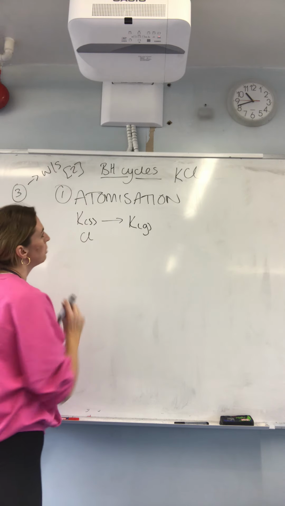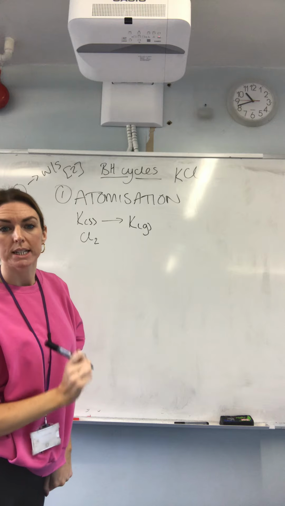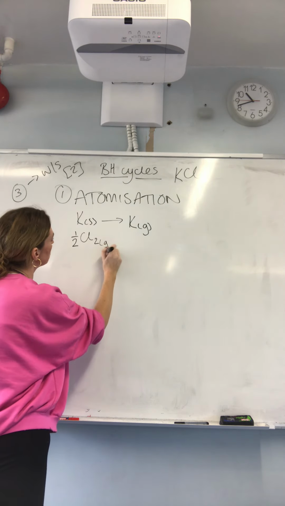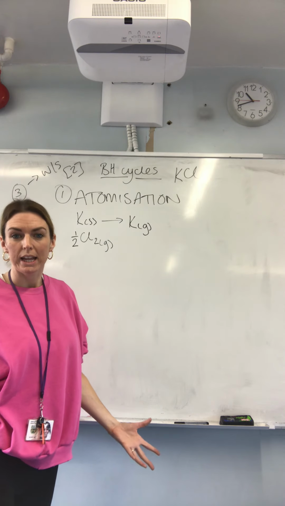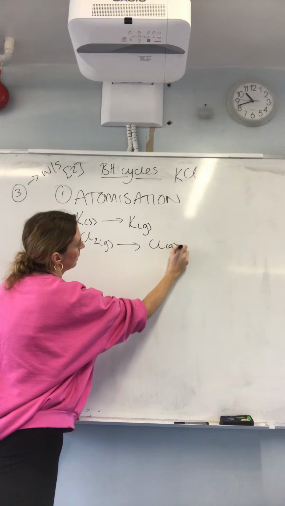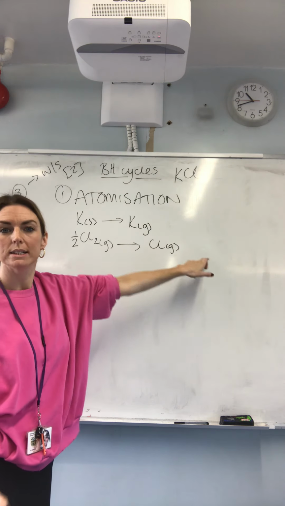So if we want one chlorine atom, bearing in mind it exists as a molecule, we're going to need to put a half there to balance it. Now obviously chlorine is already a gas, so we just need to make it a gaseous atom. Okay, so now we've got our gaseous atoms.